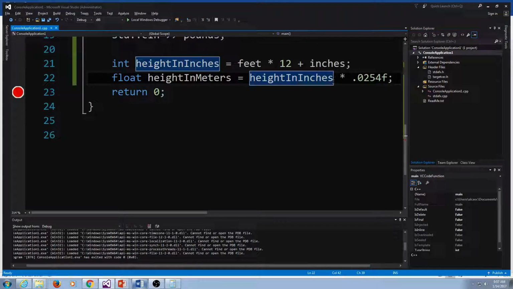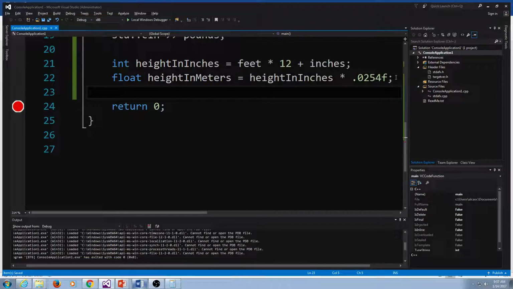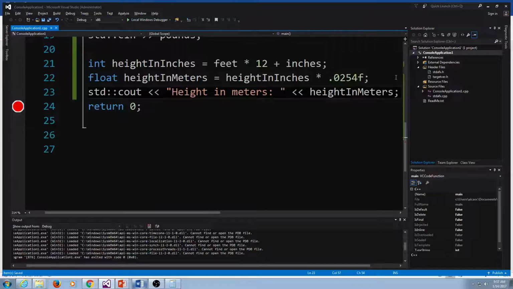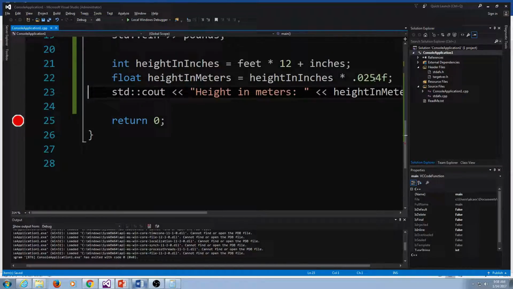Remember, when you're dealing with arithmetic, if all the values involved are integers, you're going to get back an integer. If at least one of them is a floating point number, you will get back a floating point number. And I can just spit out height in meters here, just to see what that equates to and verify that what I'm doing is correct.